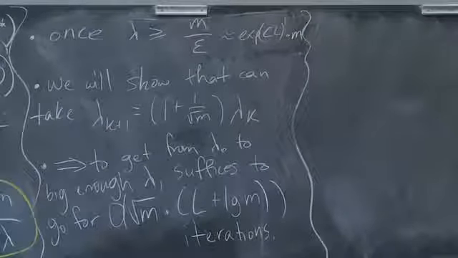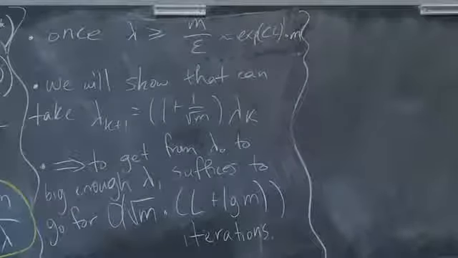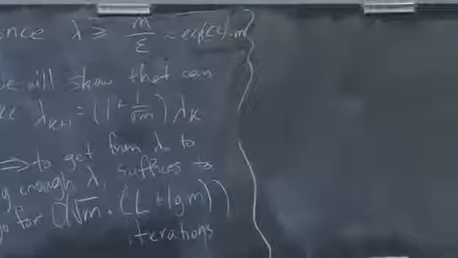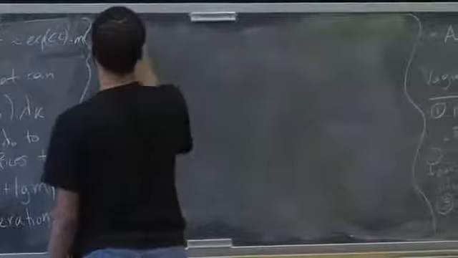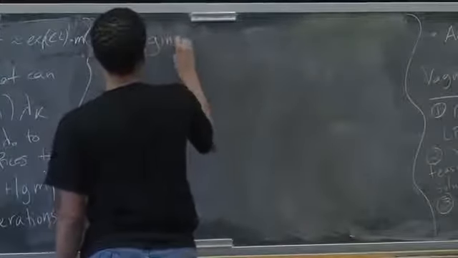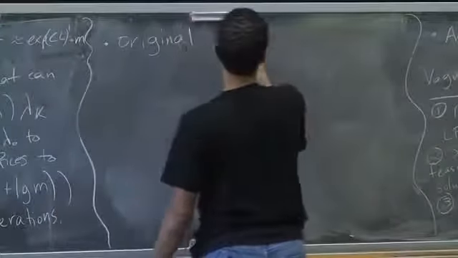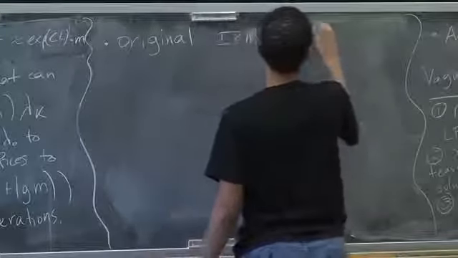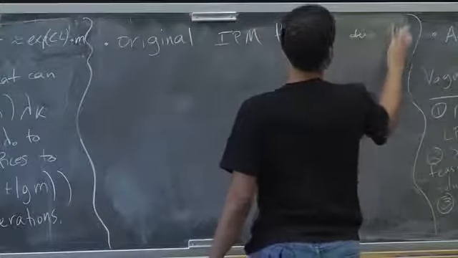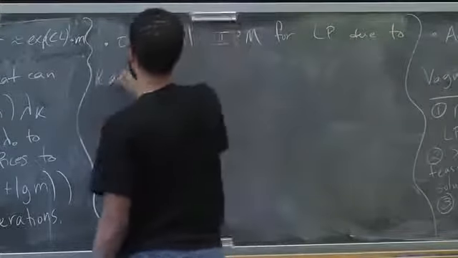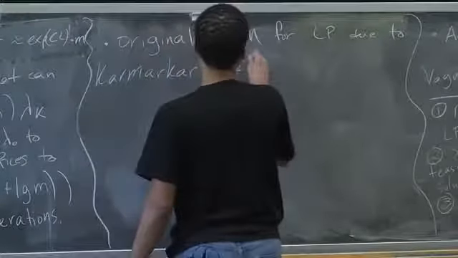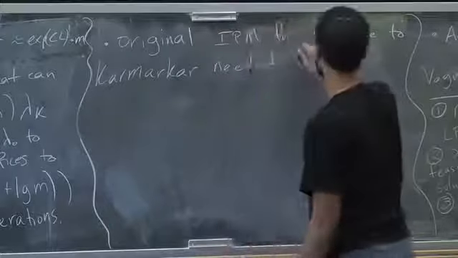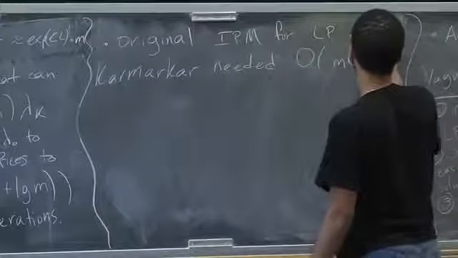And just a little bit of history before I continue. So the original IPM for LP, due to Karmarkar, needed something like O of m L iterations.